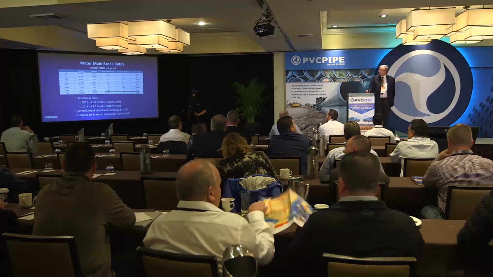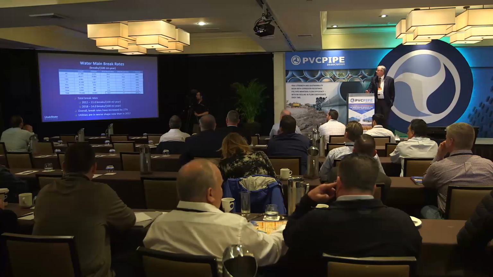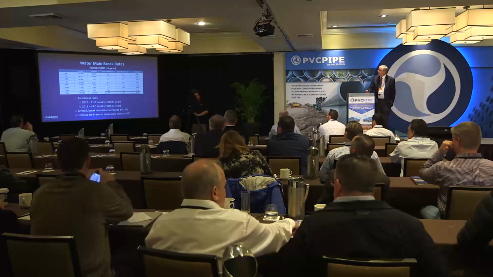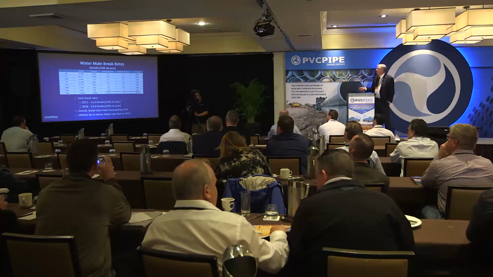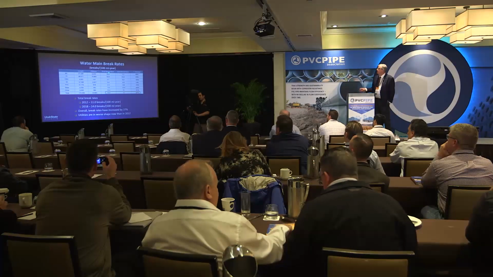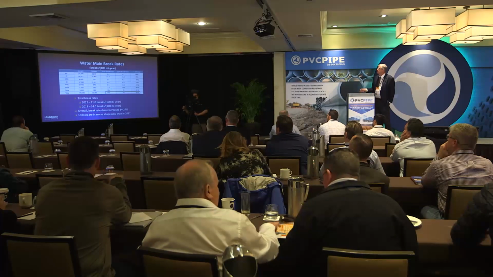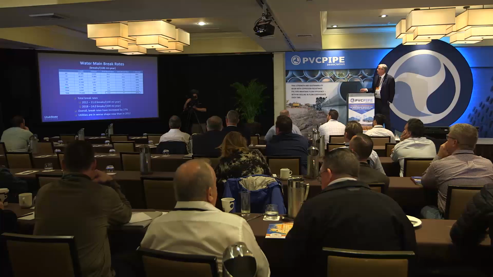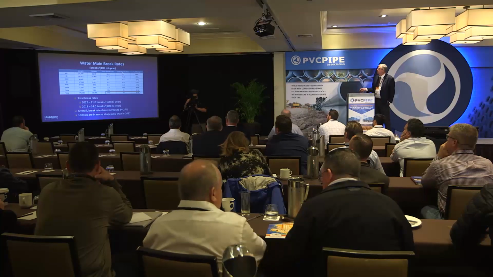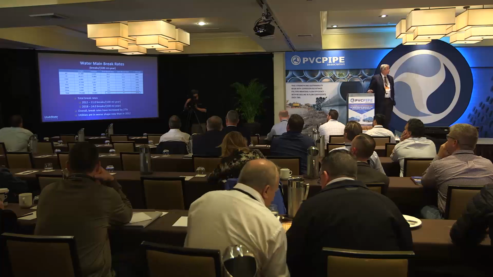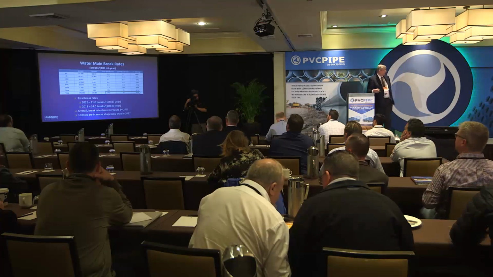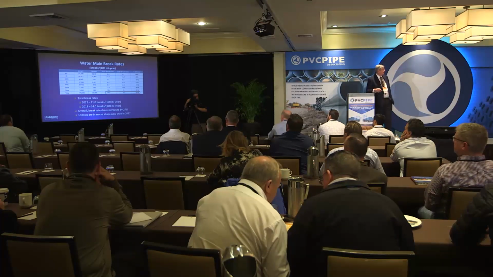I know that's kind of hard for you to read, but there's our summary of our data. In the column here is the 2018 break rates for each one of those materials. Here are our break rates in 2012. Here's the change in break rates between those two surveys.